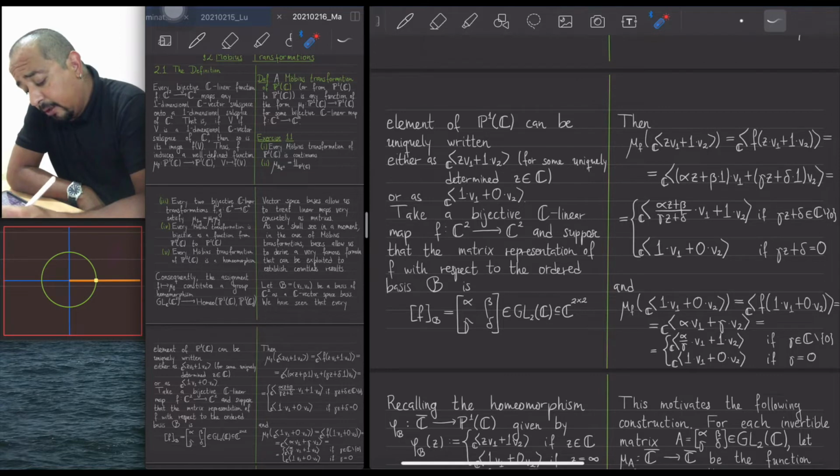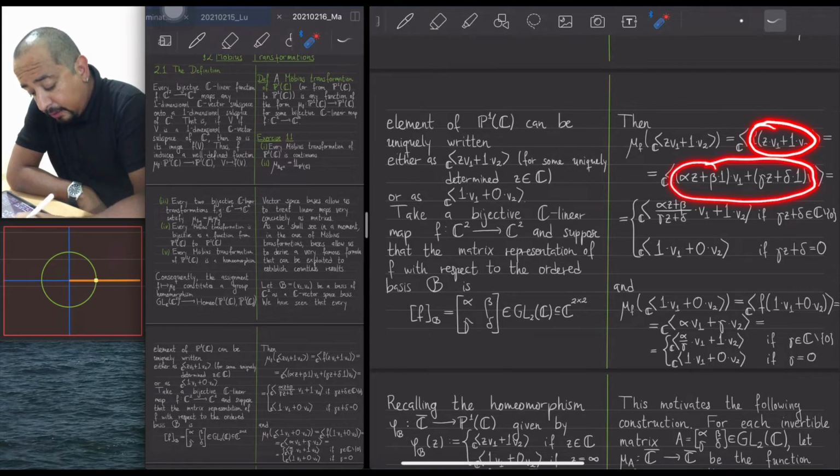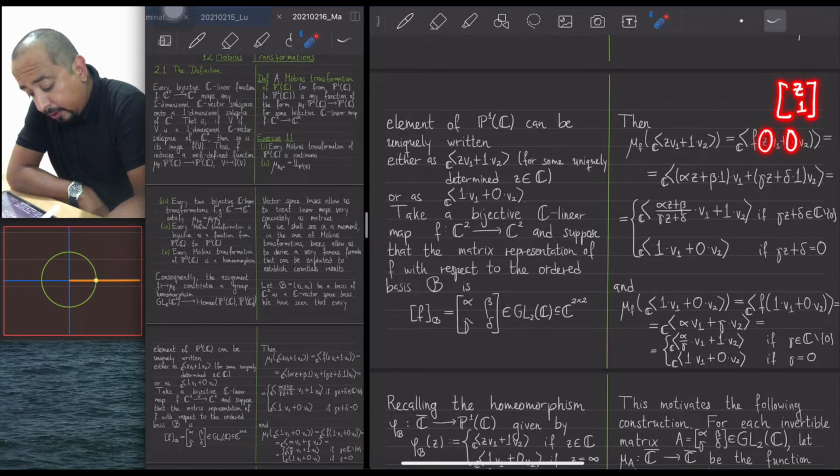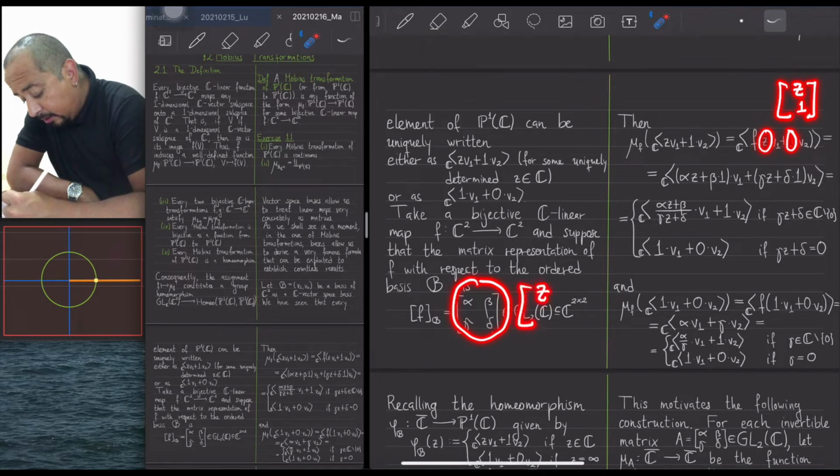Okay, so for the first one, by definition, mu f of this vector subspace is the image of the vector subspace under F, which by the linearity of F can be computed as the vector subspace spanned by F of the special representative, which in turn can be written in this way, because here we know that the column vector of coordinates is Z, 1, and so the coordinates of the image with respect to B are given by simply multiplying the matrix with this column vector.